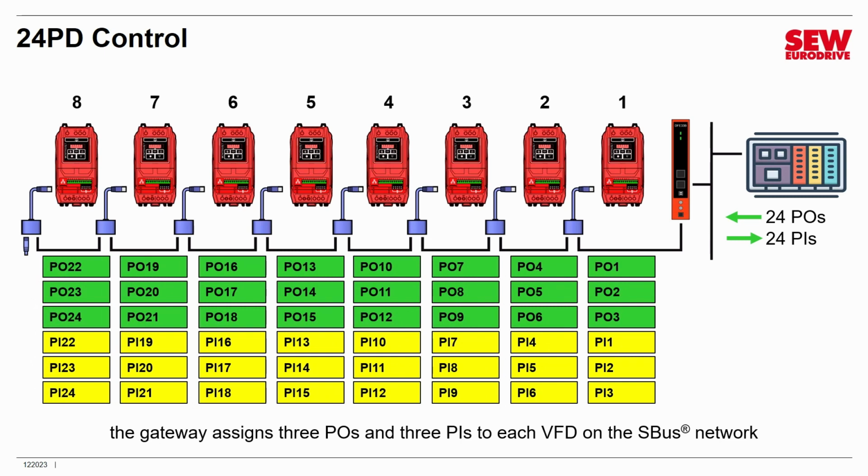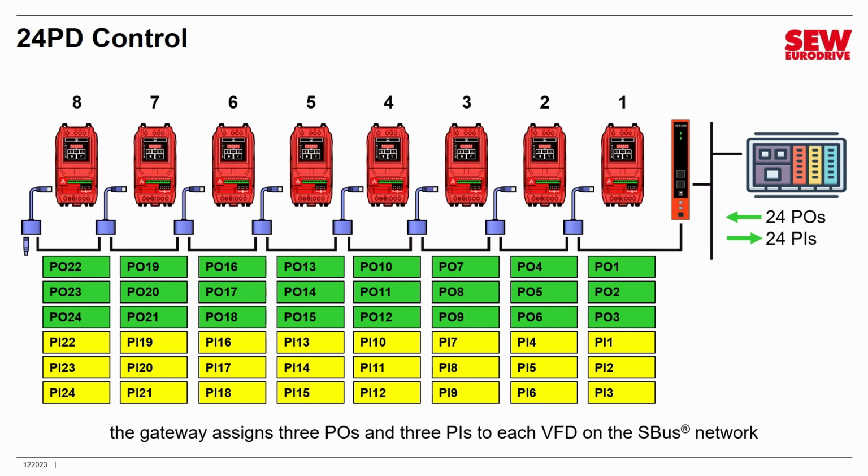So it's kind of like this. The lowest address on the gateway, which in this case is 1, will get process output words 1, 2, and 3, process input words 1, 2, and 3. The next VFD will have process output words 4, 5, and 6, and PIs 4, 5, and 6, and on down the chain till you get to the last VFD, which has the highest number address. It will have PO 22, 23, 24, and PI 22, 23, 24.